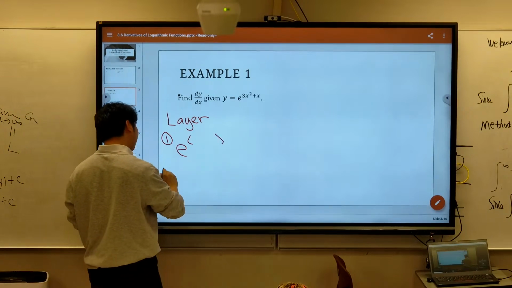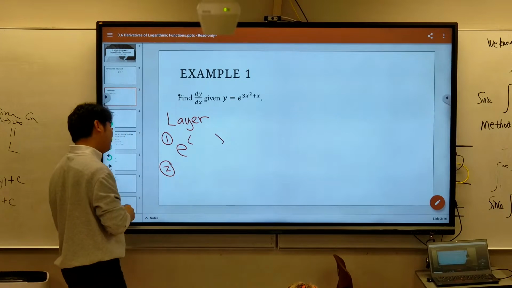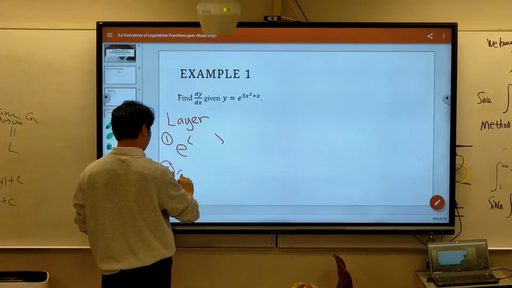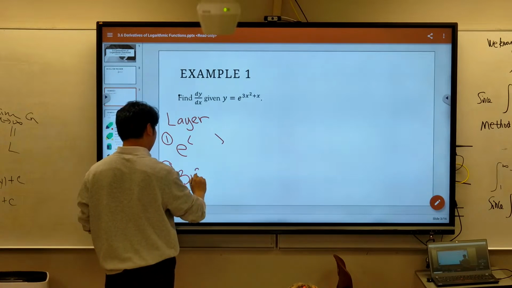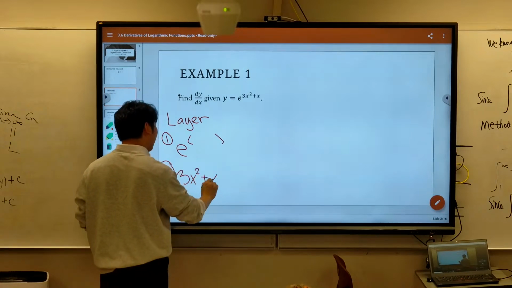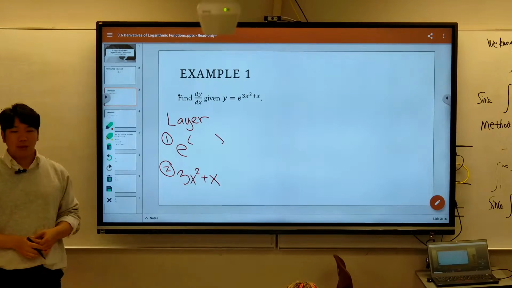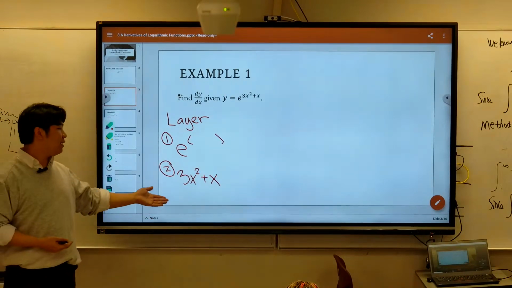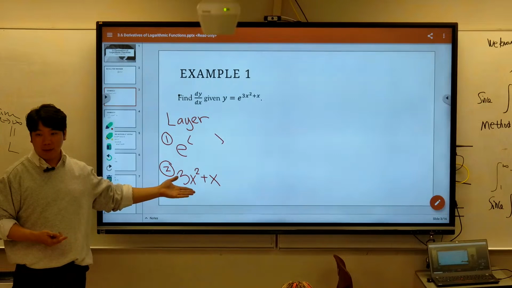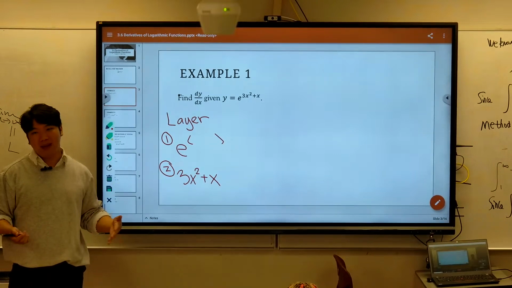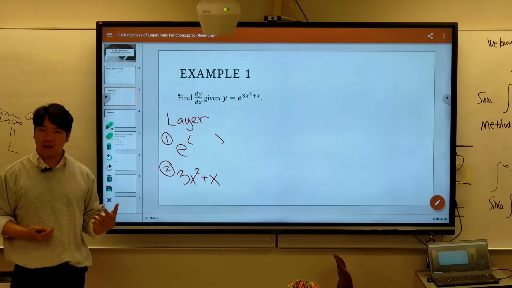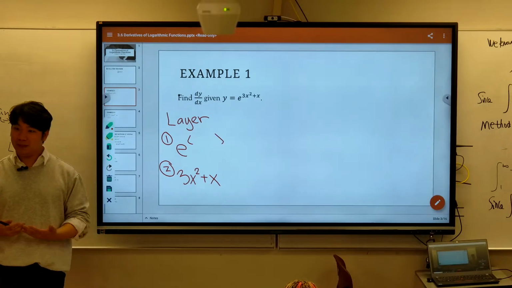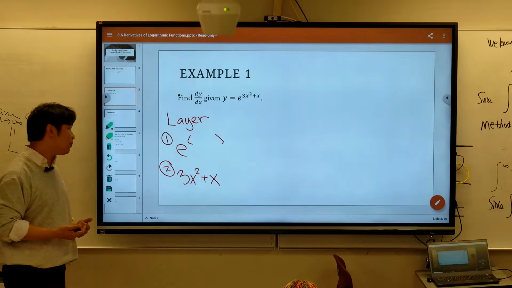What's my second layer? Yeah, it's going to be this whole power. The reason I know that there's not going to be any more layers is that we know how to take the derivative of this directly, 3x squared plus x. That's usually a big hint saying, okay, I don't really have any more layers after that, whenever I can look at it and get the derivative immediately without breaking it down further.